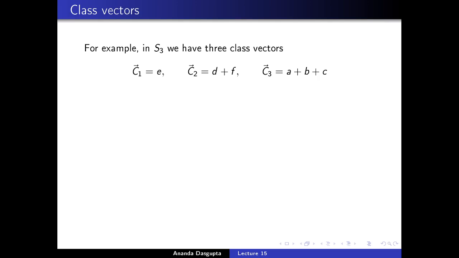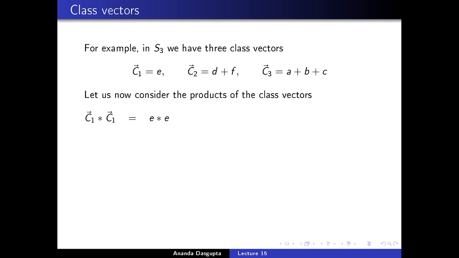Let me remind you once again that we are in the group algebra, where the group elements themselves are basis vectors which create a full vector space on which, for example, the regular representation acts. Right now we are not really interested in a representation, we are just interested in the algebraic structure of these vectors. So let us ask ourselves what we can get when we multiply these vectors.